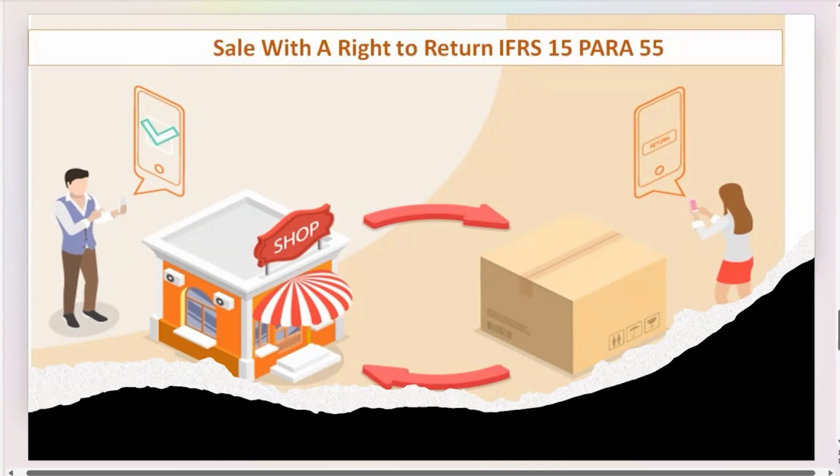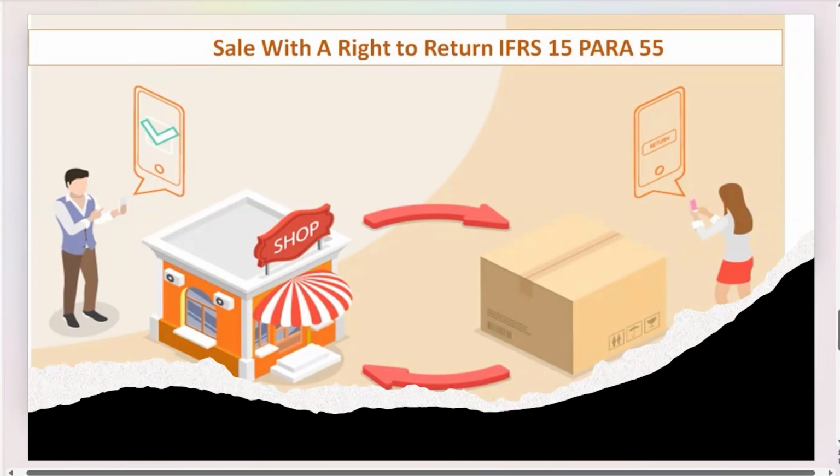So the company will give you time, maybe within 30 days or within 3 months, you are allowed to return the product. The problem with that is that we cannot go ahead to recognize the revenue because we have given the person the right to return the product. So until that time lapses, or until that time expires, we cannot recognize revenue.